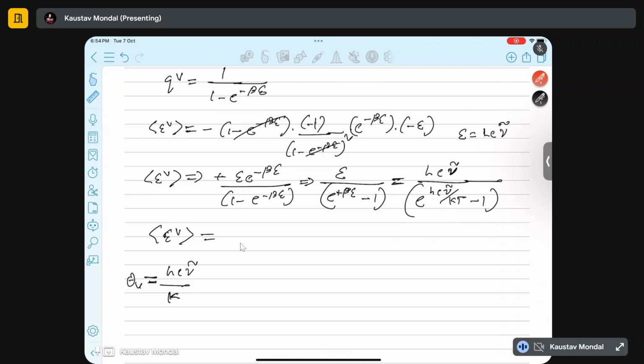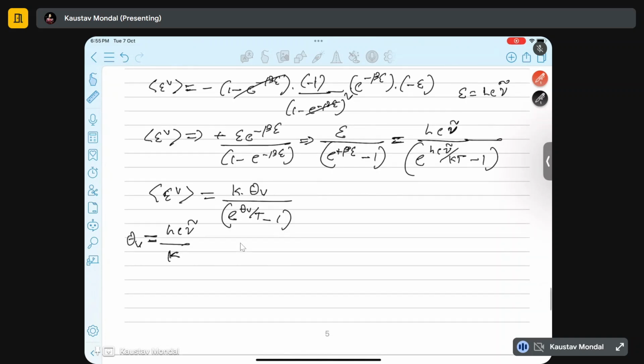So now the whole thing looks like this: k times theta v by e to the power theta v by T minus 1, right? So this theta v is nothing but the vibrational temperature.